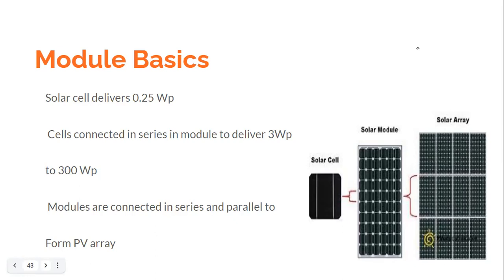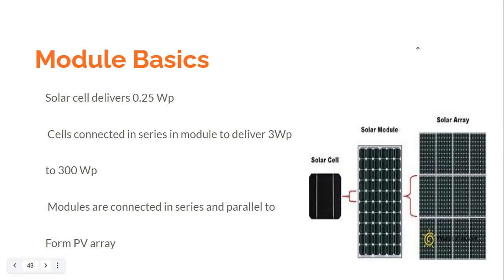Okay, so a typical solar cell size would be 125 mm by 125 mm. Okay, and a number of solar cells are connected in series. So when you are connecting them in series, the output would increase, right? And they are connected in a way so as to deliver a minimum output of, let us say, 3 watt peak up to a maximum output of 300 watt peak expected from a solar module.